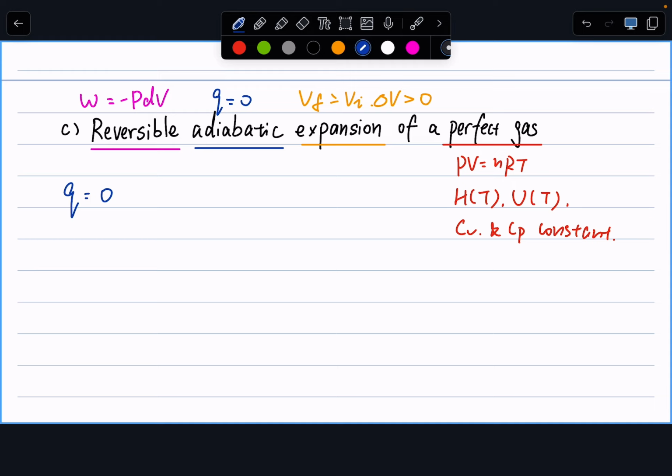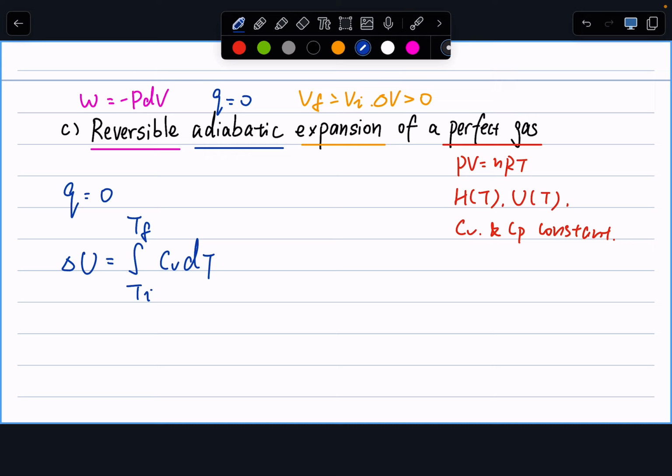Then for my work, you can do it in two different ways. In this case, we can do delta U equals the integral from T initial to T final, I'm sorry, of C_V dT.